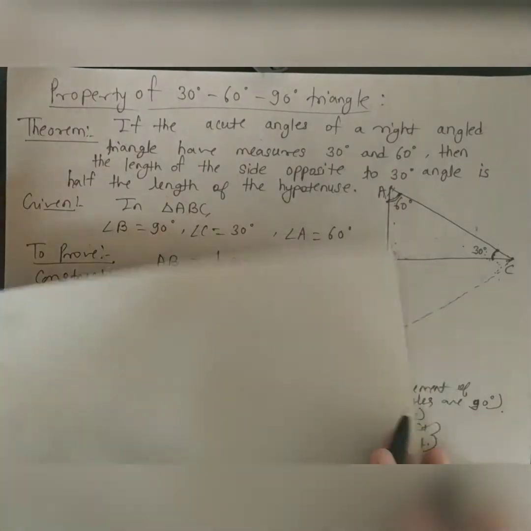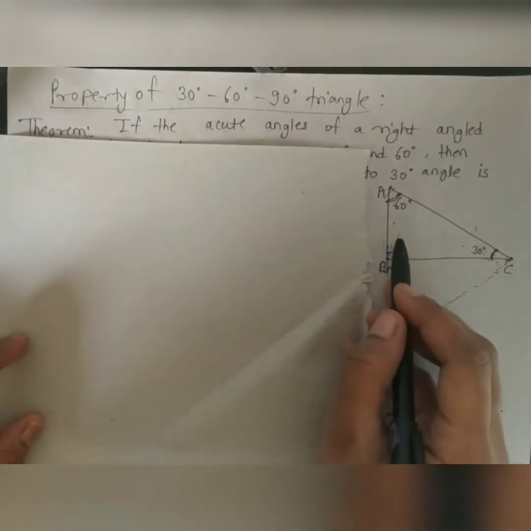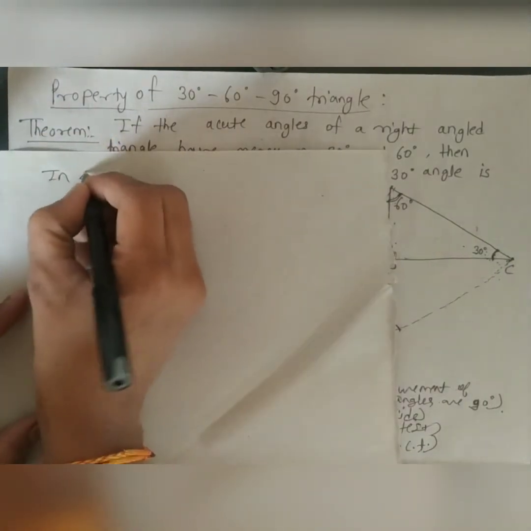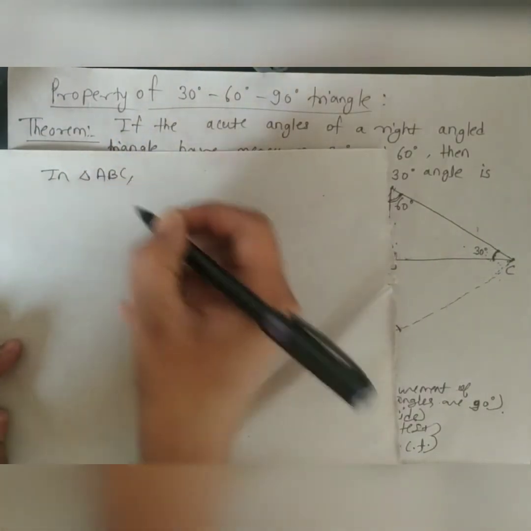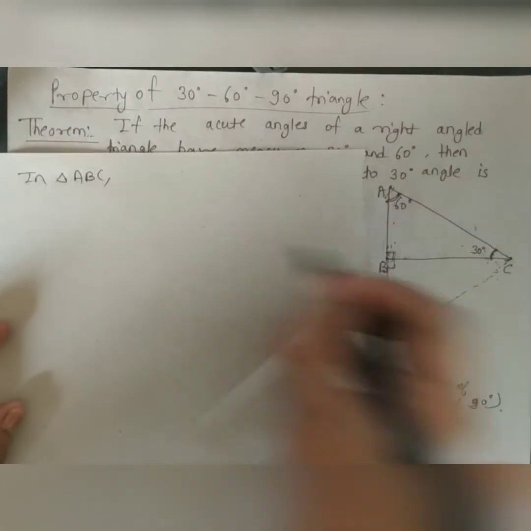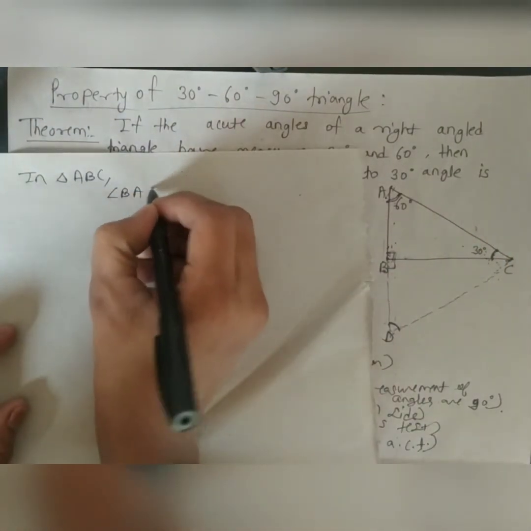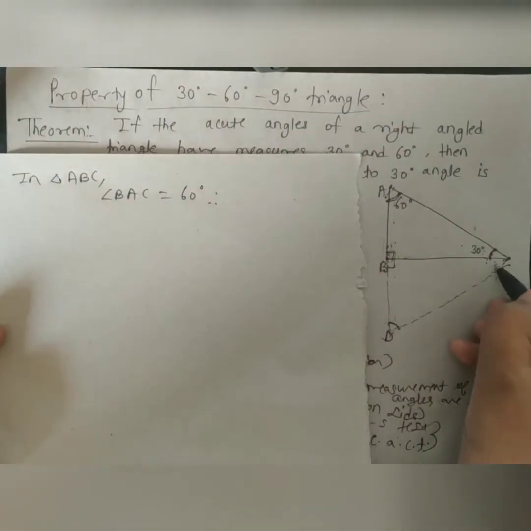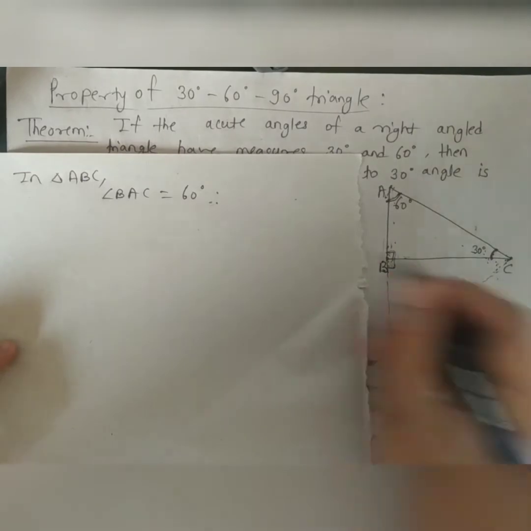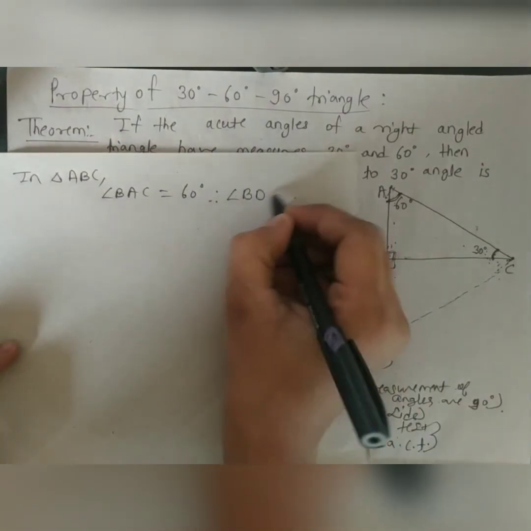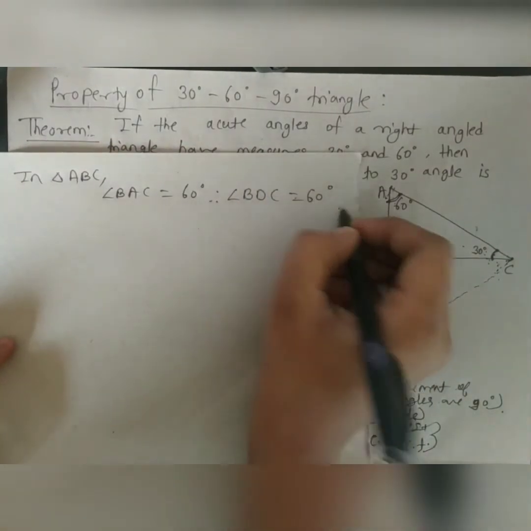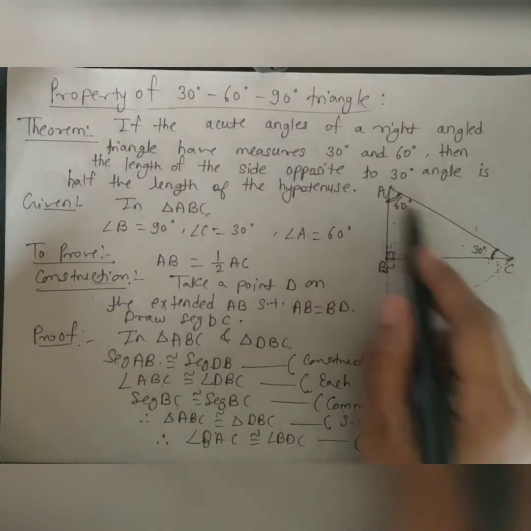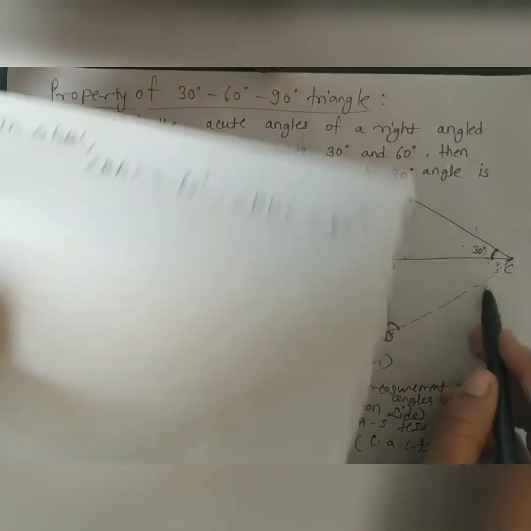Now after this, in triangle ABC, angle BAC is 60 degrees. Therefore, angle BDC is also 60 degrees. By corresponding angles of congruent triangles, we got angle BAC is congruent to angle BDC.